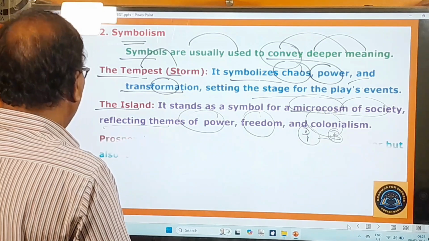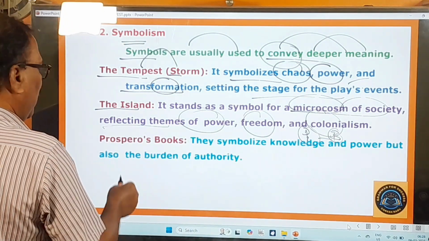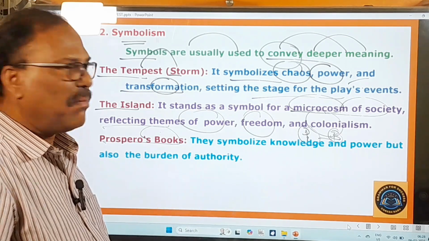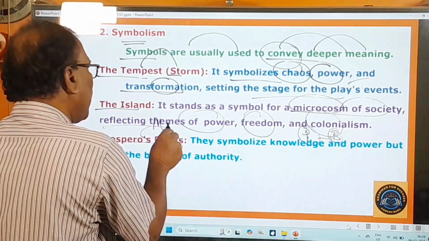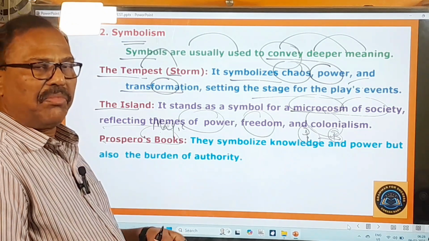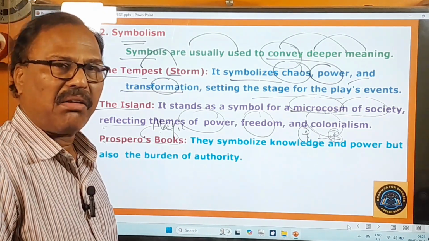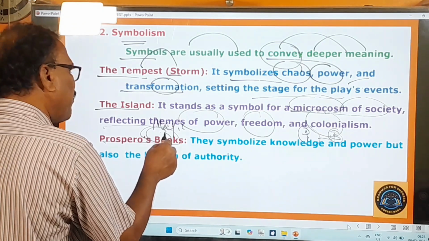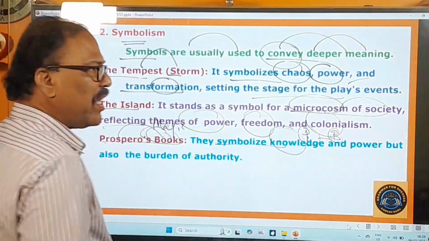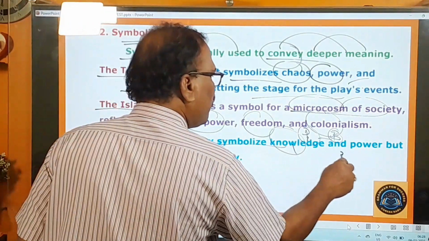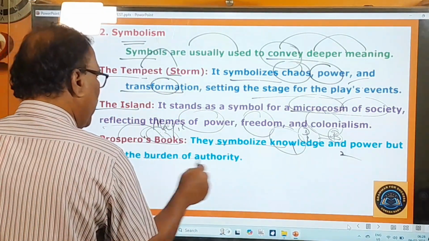And one more symbol is also used in this drama, that is Prospero's books. Books means not our ordinary books, but all the magic books he had. Because you know very well, he was a noted sorcerer or magician. That's why he had all magic books with him. These books stand as a symbol for knowledge and power, but also the burden of authority.